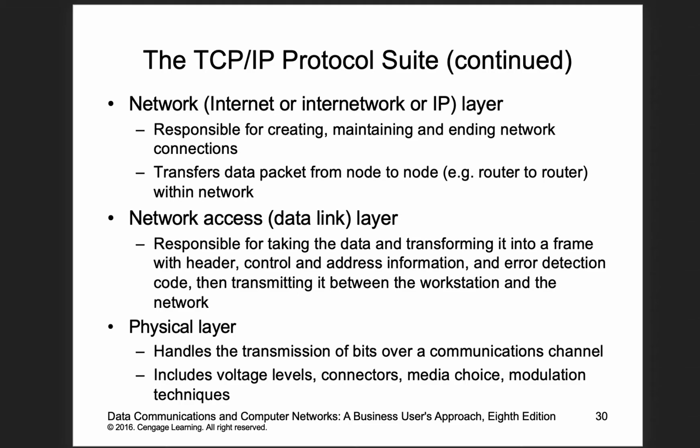As it moves down, we have the network access layer, which is the data link layer. Essentially, it takes the data and transforms it into a frame. Later we will see some examples where we have categories or segments which we call headers, control, and the address, and also error detection as the package moves along the network.